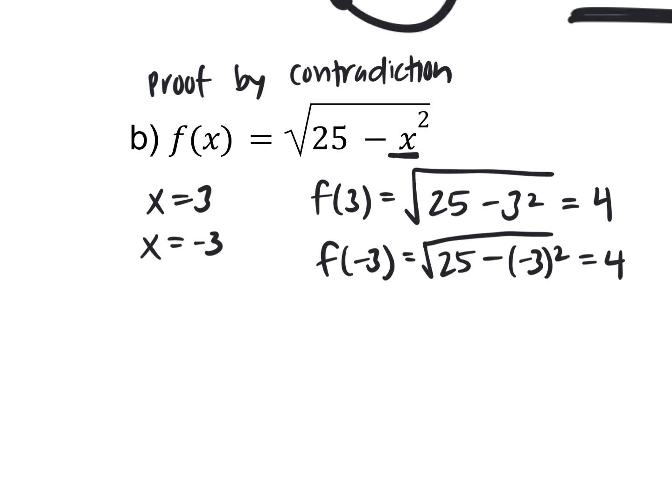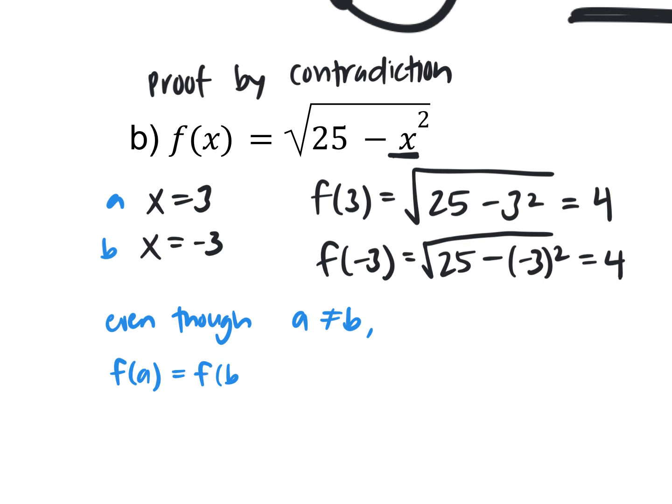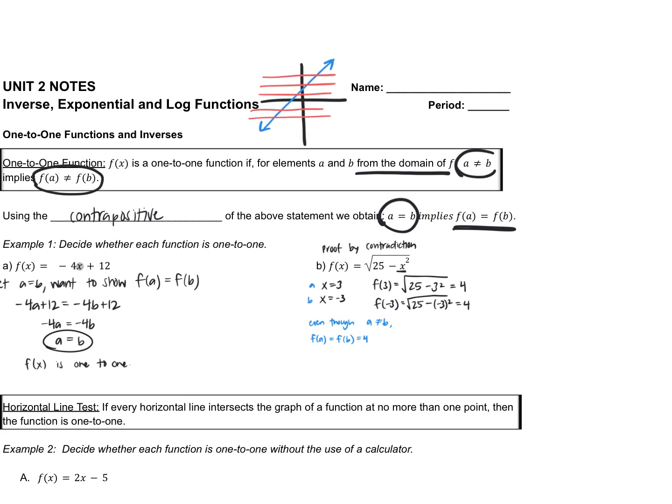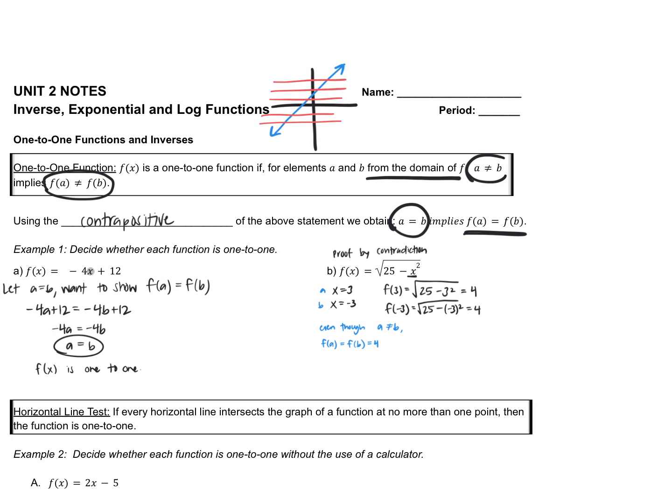So basically, we just proved by contradiction that even though our a value and b value don't equal each other, our f of a value and our f of b value both equal 4. If you go back to the first definition of a one-to-one function, if a and b don't equal each other, the function at those values is also supposed to not equal each other.